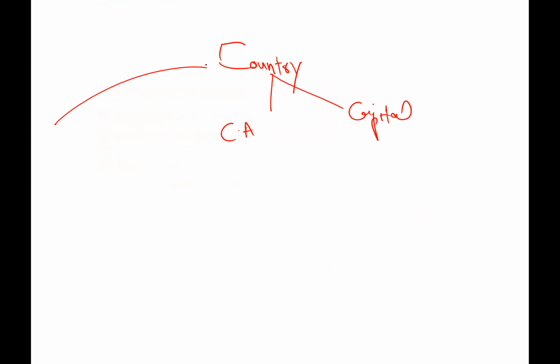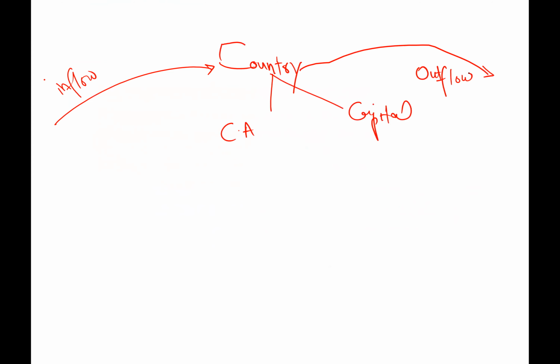If money is coming into the country, we call this inflow. If money is going out from the country, we call this outflow, right? So inflow of funds coming to the country is good. Outflow of the funds going out from the country is bad, right?